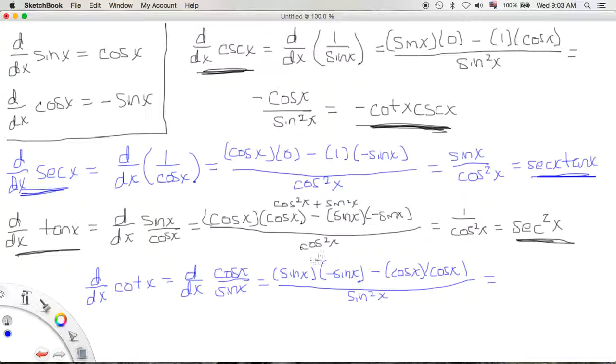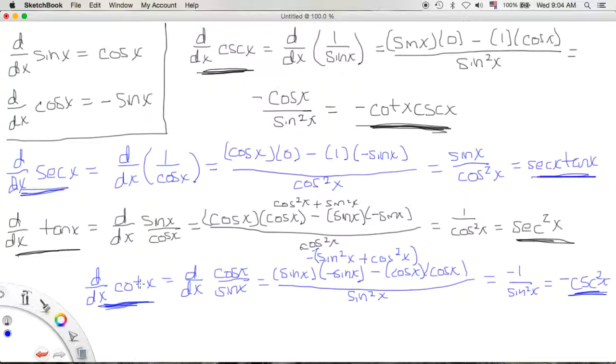And here, if you notice, you have negative sine squared x minus cosine squared x. So you can factor out this negative, and again, that equals 1. So what we have is negative 1 over sine squared x, which is just negative cosecant squared x. So the derivative of cotangent is negative cosecant squared.